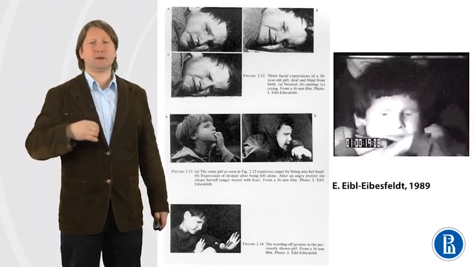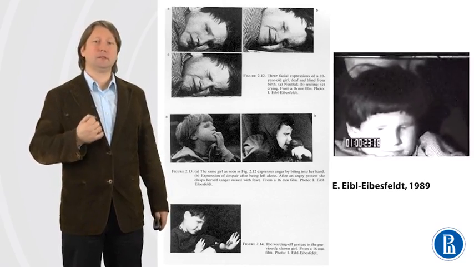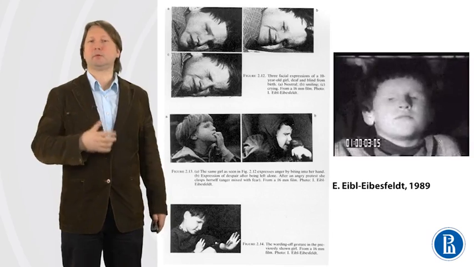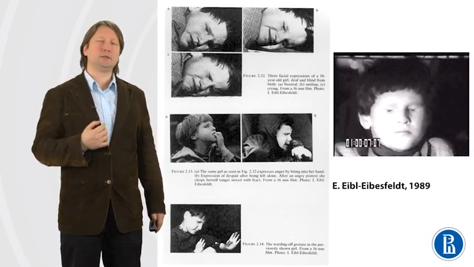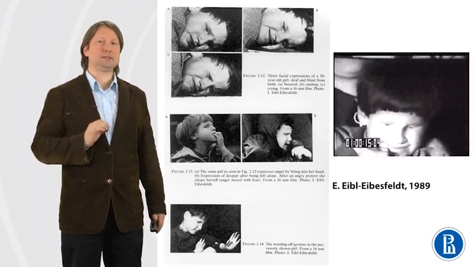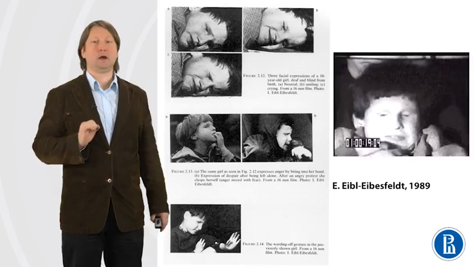So it looks like we have an innate ability to produce emotional expressions, we have an innate ability to recognize emotional expressions, and it looks like we have an innate set of emotions. At least some basic emotions are universal.